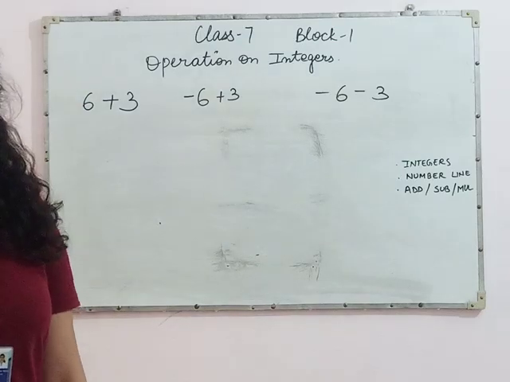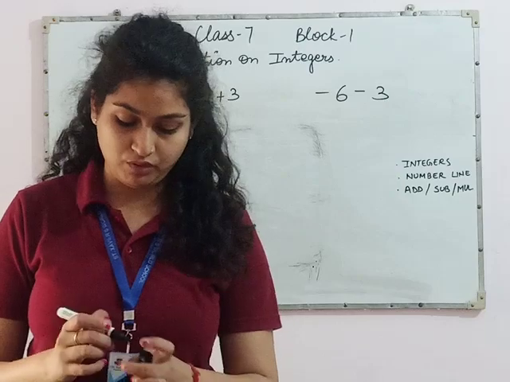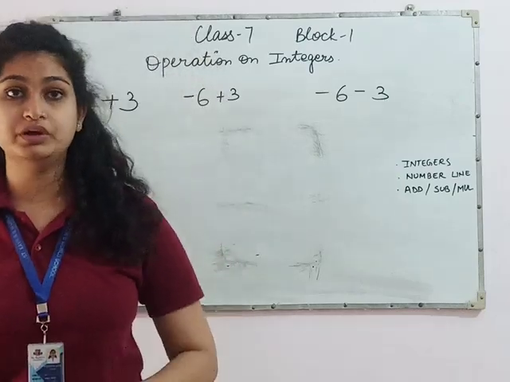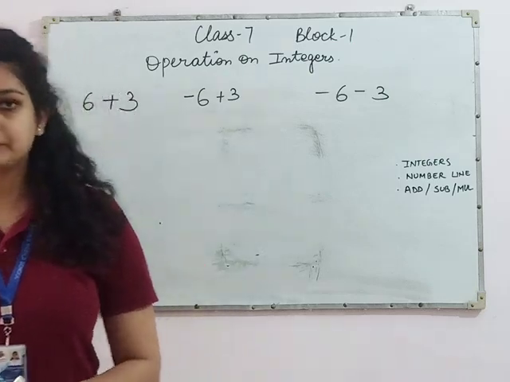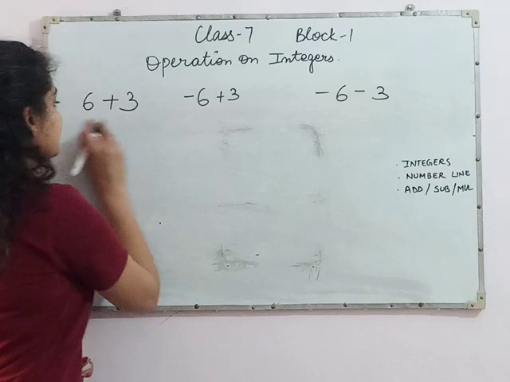Now see, these are the 3 addition operations which we have to perform. We can do it with the help of number line and we can do it without the help of number line. First I am explaining with the help of number line, then we'll proceed without it. 6 plus 3.